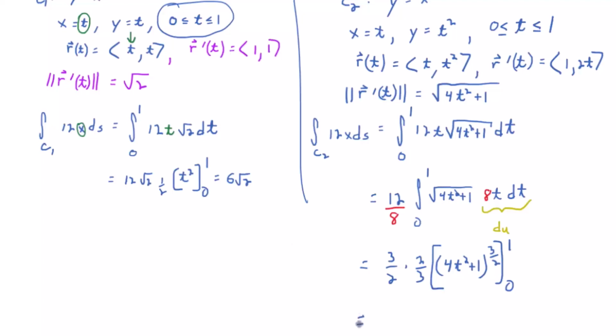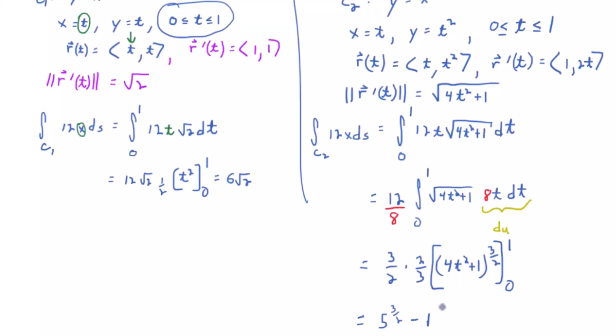So what do we end up with? When we plug in 1, what do we get? So we get 5 to the 3/2. I'll simplify that in a second. And then we have to plug in 0, right? Minus just 1. Okay. Yeah, let's not write 1 to the 3/2.